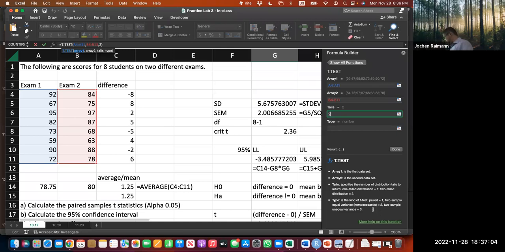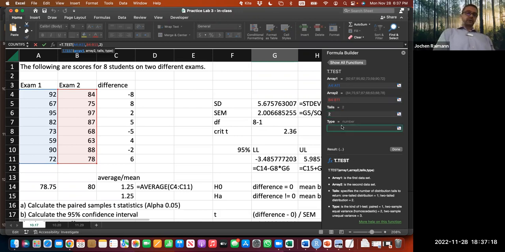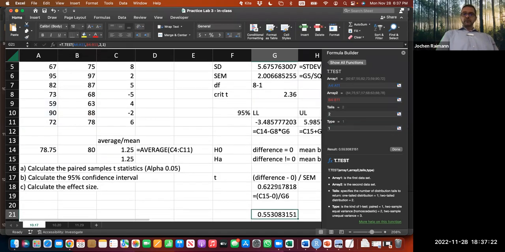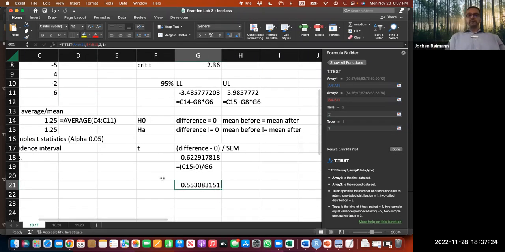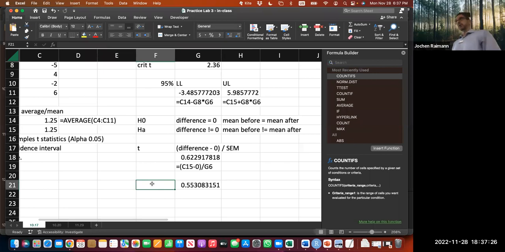Or thirdly, we can say it's a 2-sample t-test with unequal variance, which is heteroscedastic, equals 3. So we need 1 because we do a paired test, right? So we enter the type, a 1, and we click on done. And the output here is the corresponding p-value. So the p-value is 0.55.